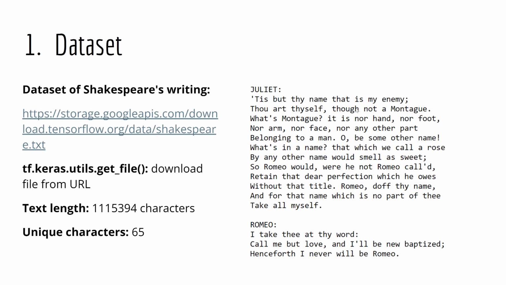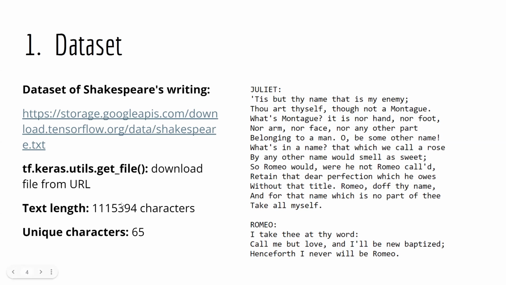On the right side you can see an example of what the data set has. It's just the play, the typical Romeo and Juliet play. This is what the data set looks like if you look at it directly.